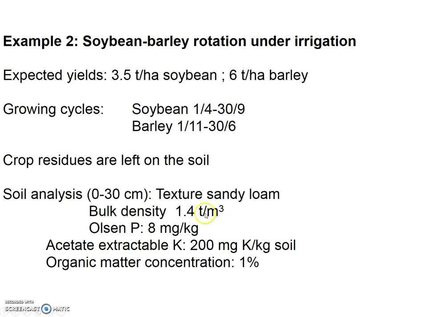The soil analysis tells us that we have a sandy loam texture, bulk density 1.4, Olsen P is 8 mg per kilogram, and acetate extractable potassium is 200 milligrams of potassium per kilogram of soil. The organic matter concentration is 1%.